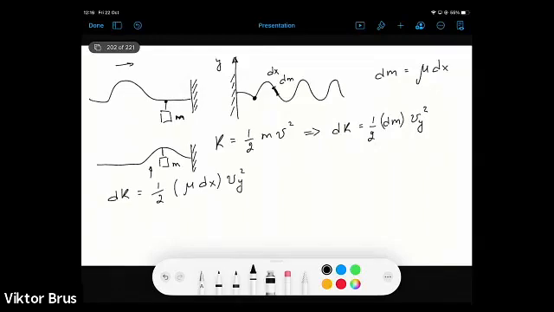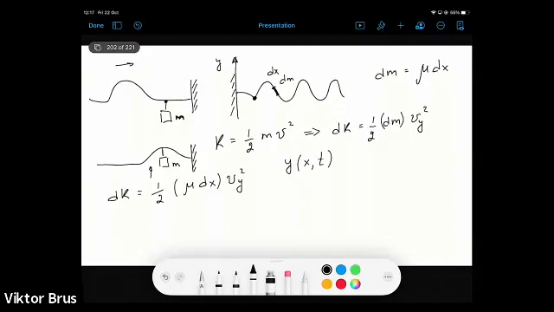As you remember from our previous discussions, we derived expressions for the speed of the elements of the string based on the wave function, for which we took the first partial derivative of y over t. The wave function is y, displacement along axis y, as a function of position and time.